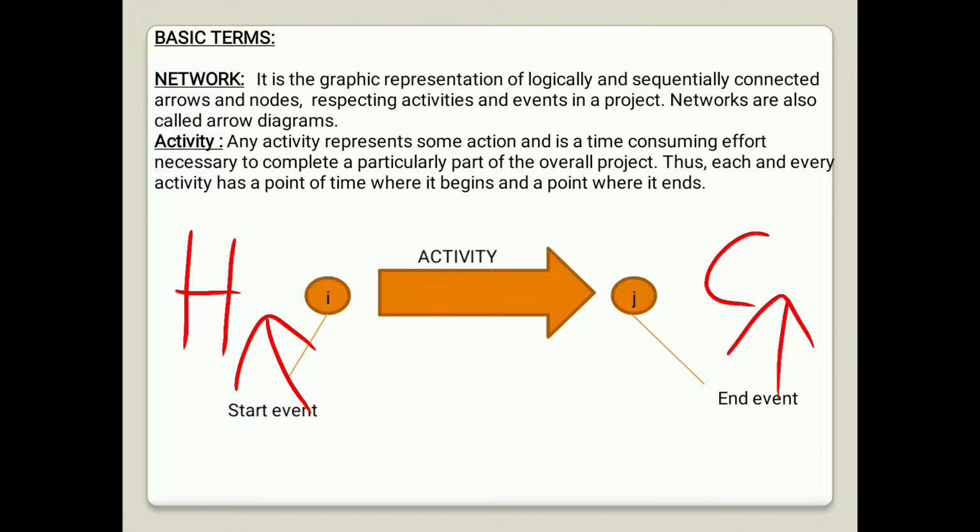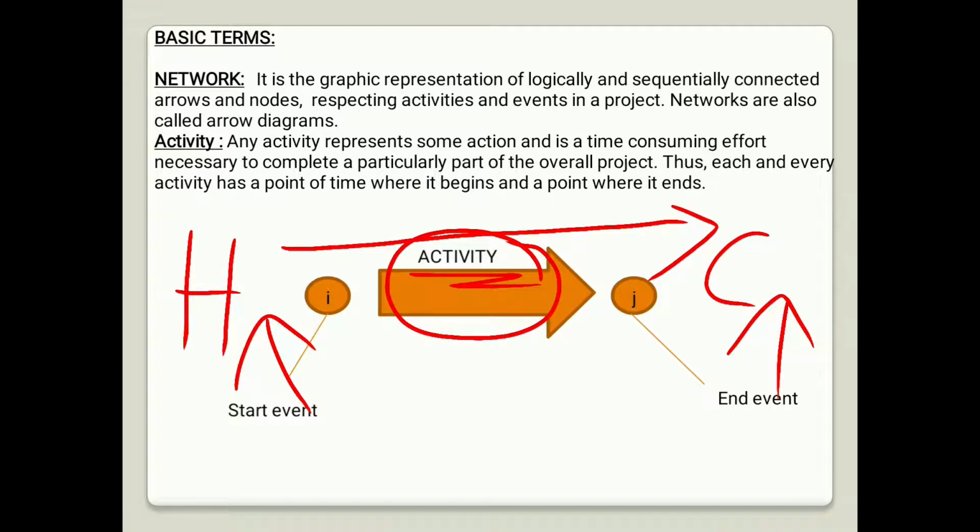The process of going from home to college, this action, is known as an activity. We start from home and end at college. The process or action we do between home and college is known as an activity.